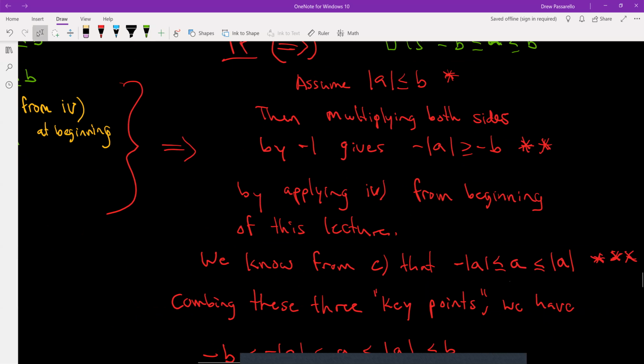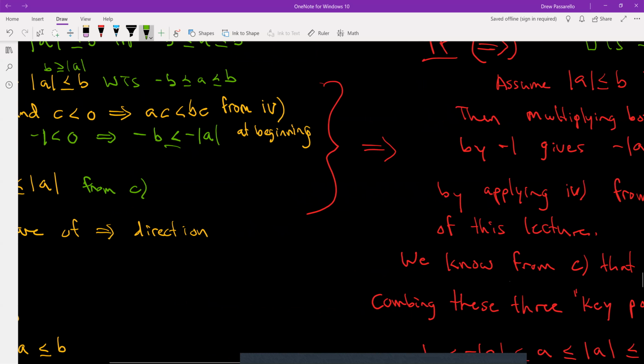Multiplying both sides by -1, I'm talking about star, which I called star, gives us double star: negative absolute value of A is greater than or equal to negative B. And that is by the justification of using Roman numeral 4.